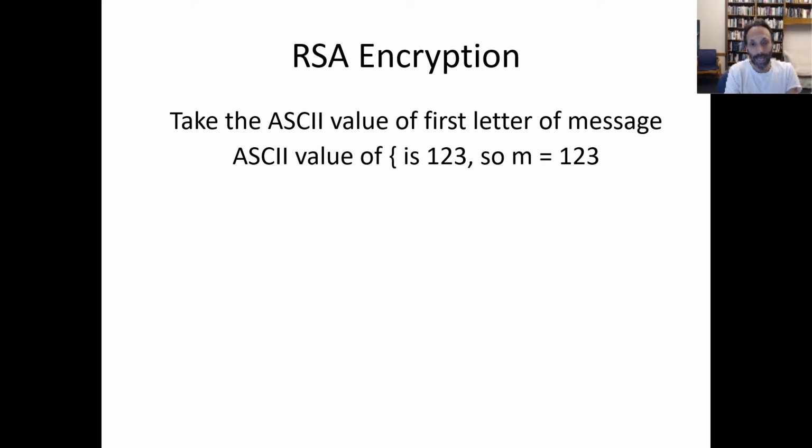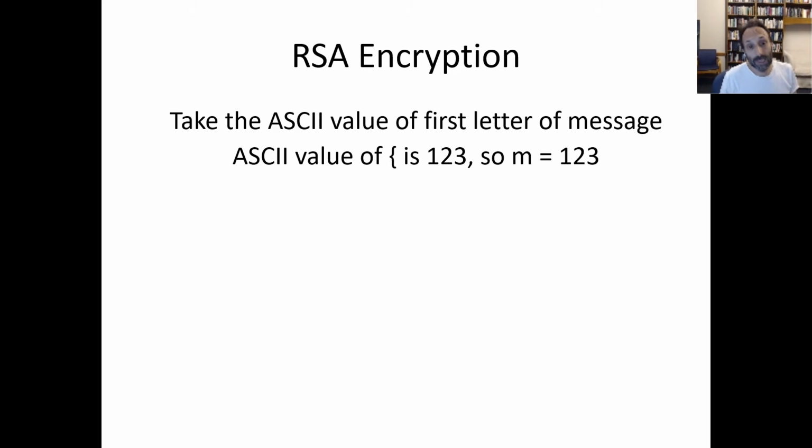It's basically the numerical values that are associated with Latin character sets. It's kind of an old way of doing it. So it's how you would represent the letters A, B, C numerically, right? Right. Thank you. So here the curly bracket would be represented by the number 123.